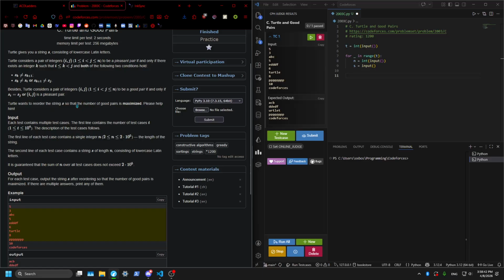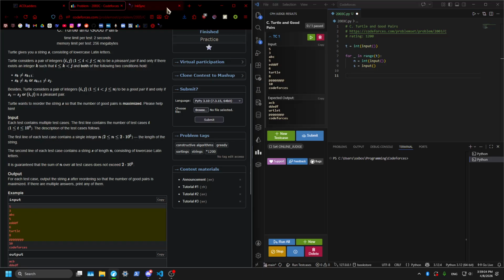So now I'm thinking, no matter how you rearrange a string, condition Q is always going to be the same, right? Because it's just combinatorics.